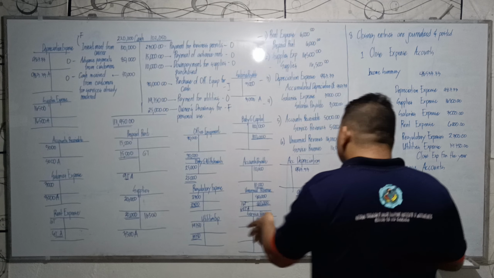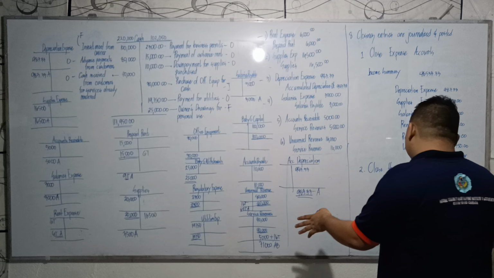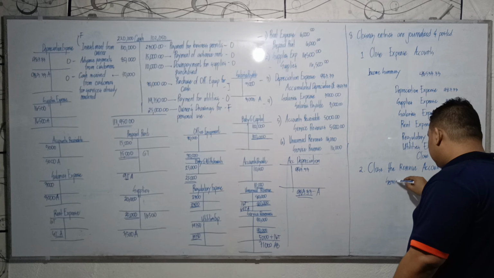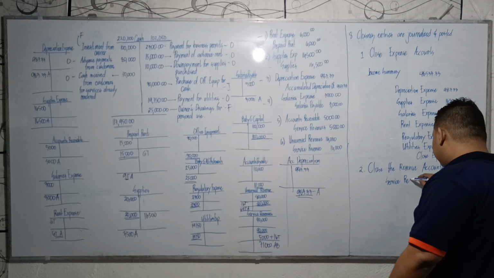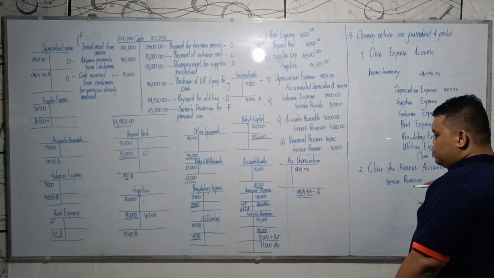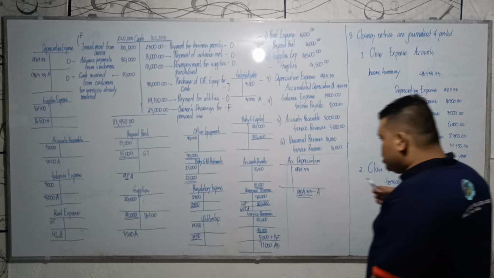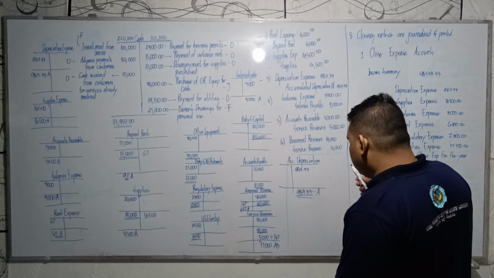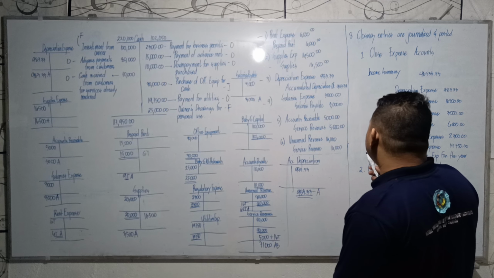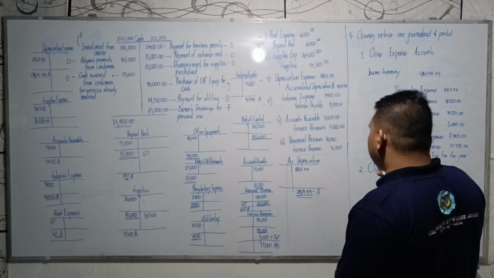So in order to close the service revenues here, we have to debit it. Service revenues, we have 40,000 only. There should be 16,000 on the service revenues.